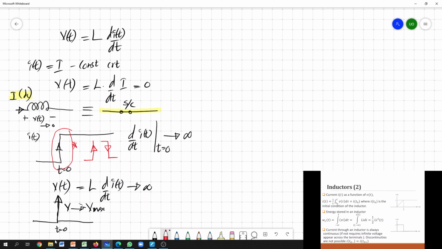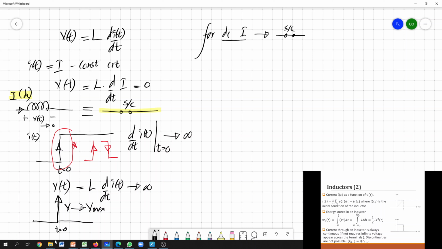So as a conclusion we made two points. One is that for DC current, the inductor can be replaced as a short circuit element.